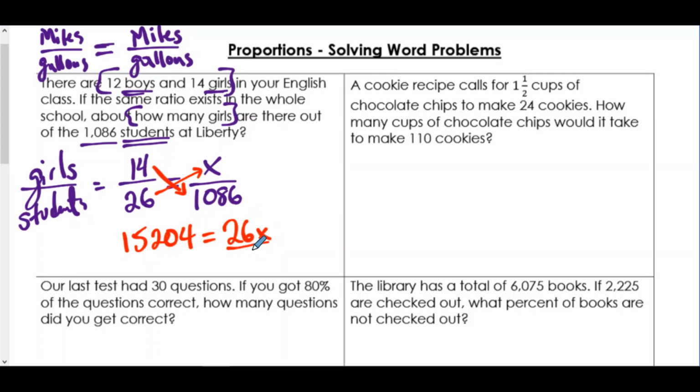So I have one more step. I'm going to divide by 26 on both sides. And that tells me that x is 584.77. I'm just going to round that. We're talking about people, and the question is about how many. So I want to think about how many is that. I'm going to round that to the appropriate number. That's 585 girls.